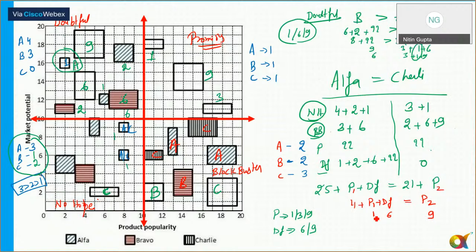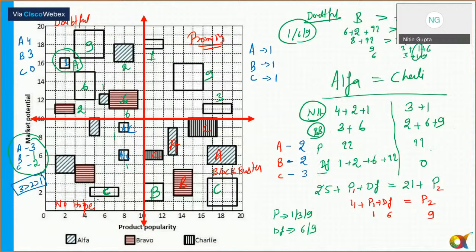In the last statement, I think we need to consider only Alpha and Charlie, isn't it? Okay. It's 20 plus. For promising, it is 2, 9, 3.